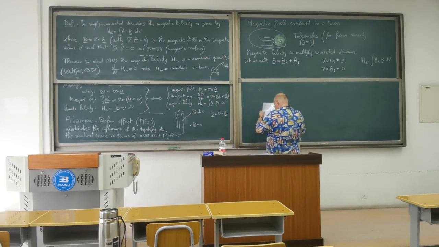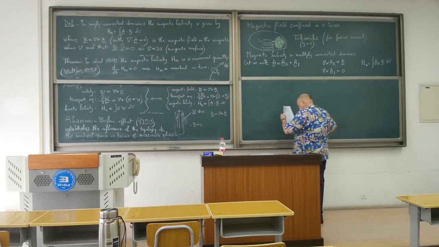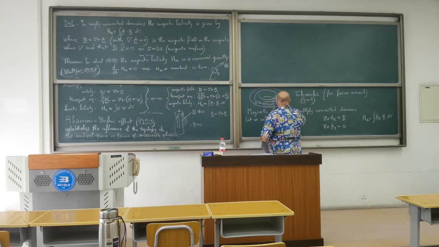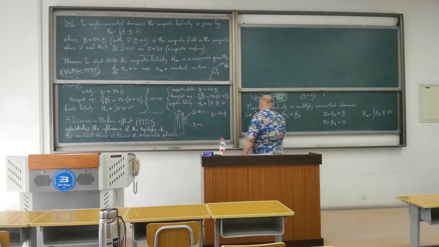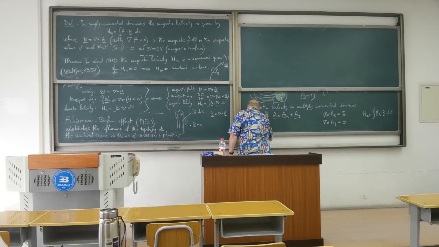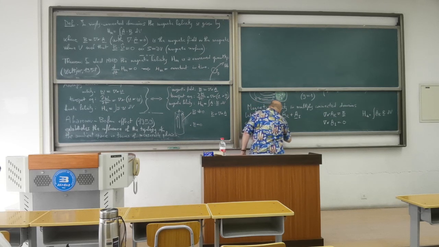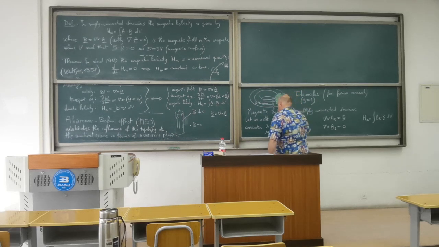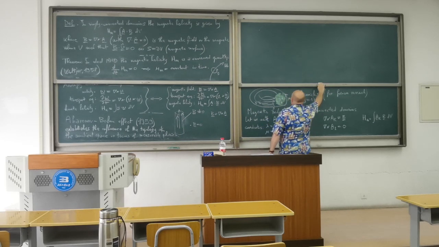Now, consider we take this coordinate, we call it lambda, and this is a longitude. The torus has two coordinates: one is lambda, the longitude, and the other is mu, the meridian.